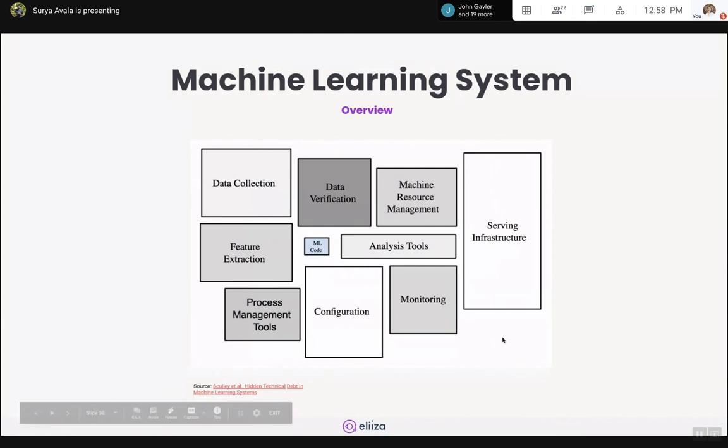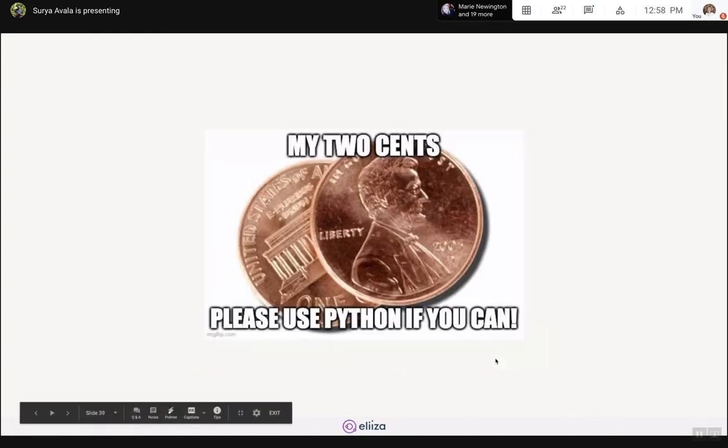So at the end of the day, a production machine learning system would look something like this, where the ML code is a tiny component compared to everything else that's needed to keep that thing running. This is an excellent paper written by the folks at Google. Take a look at it if you have time as well.